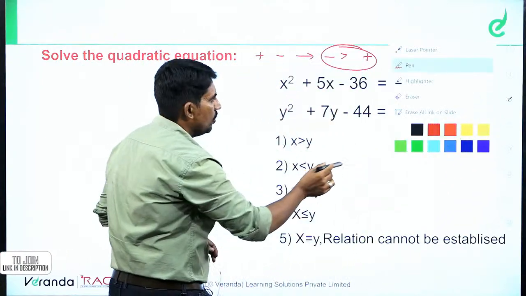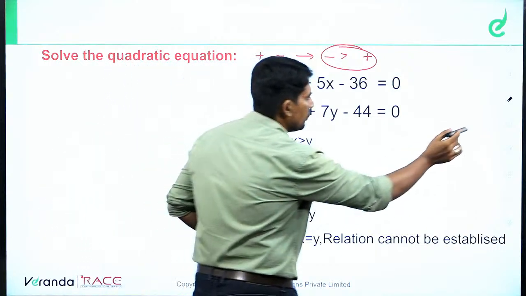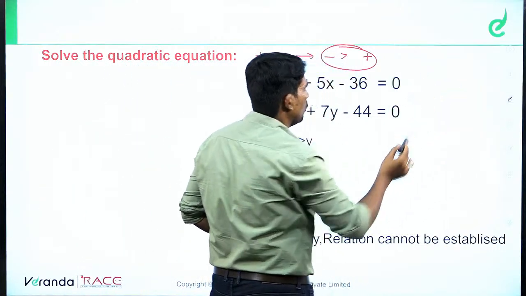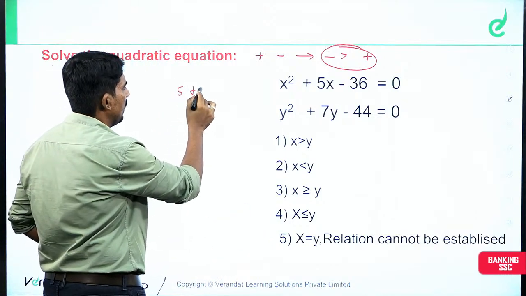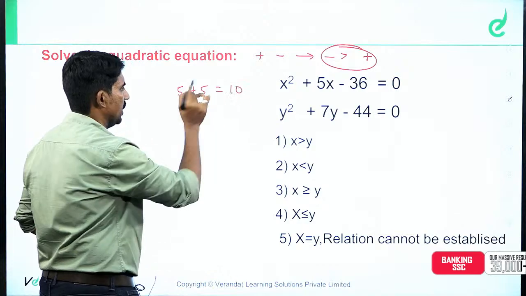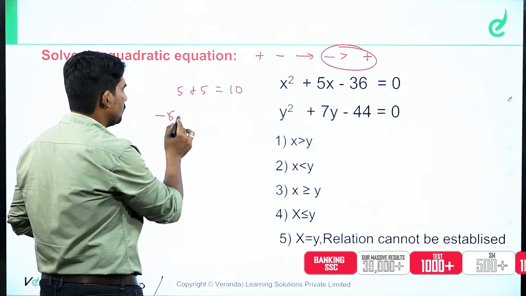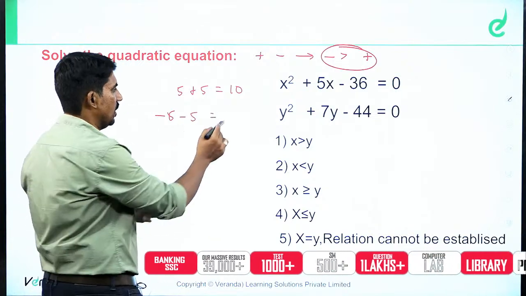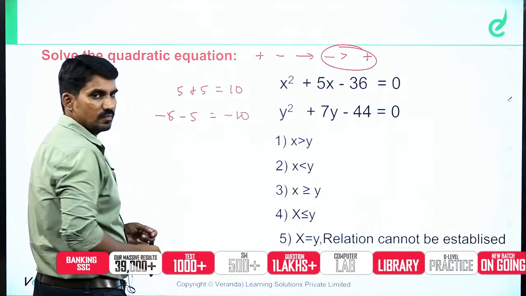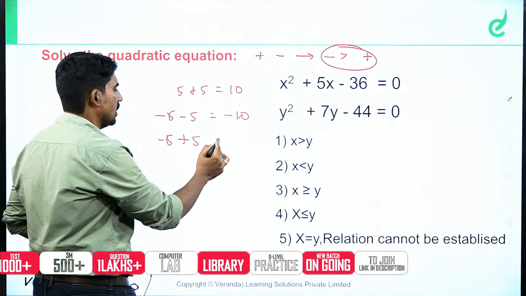Okay. Now, normal situation: normally we are going to add 2 numbers. 5 plus 5, we say the result 10. Minus 5 minus 5, both are minus, we are adding only, sum is minus 10. Now, minus 5 plus 5, what is the result?